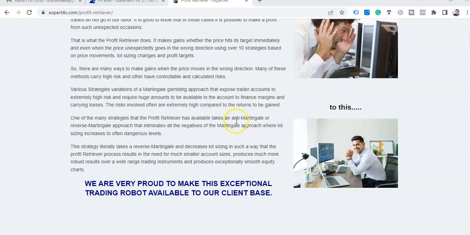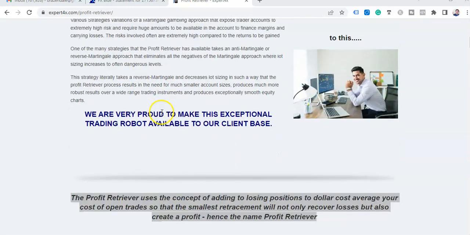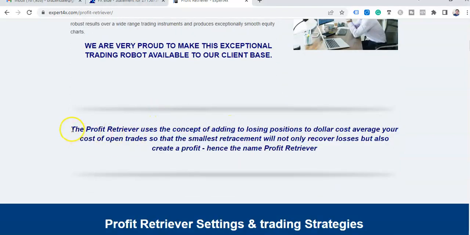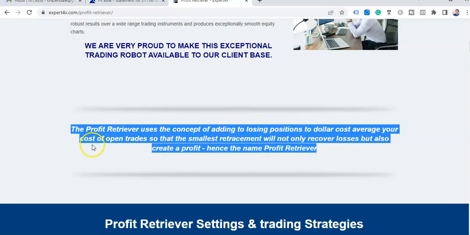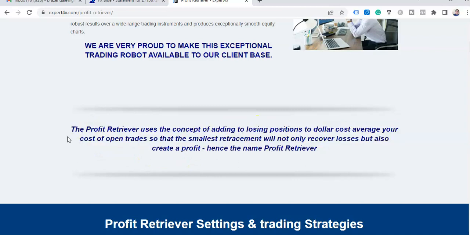You can go through all the description here. The base description of the Profit Retriever says it uses the concept of adding to losing positions to dollar cost average your cost of open trades, so that the smallest retracement will not only recover losses but also create a profit, hence the name Profit Retriever.